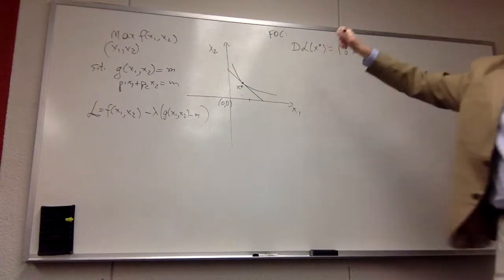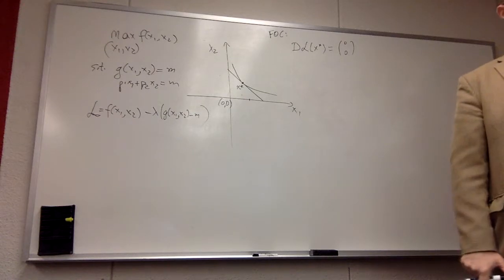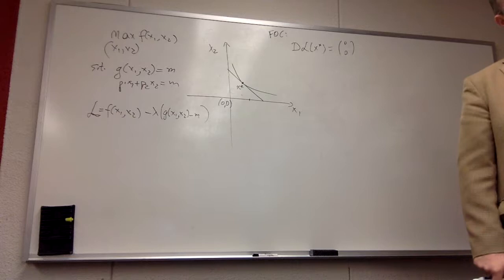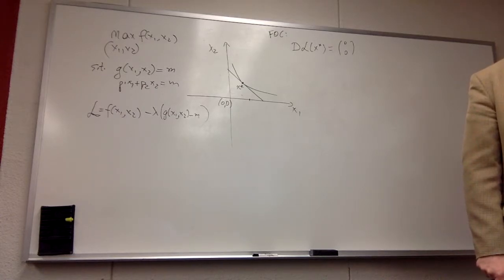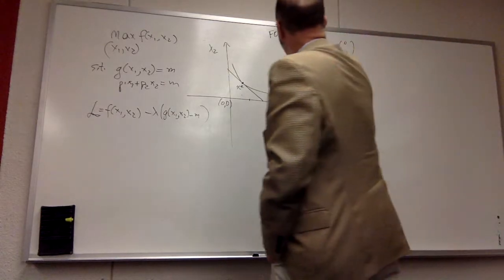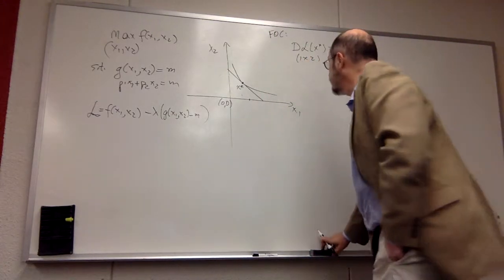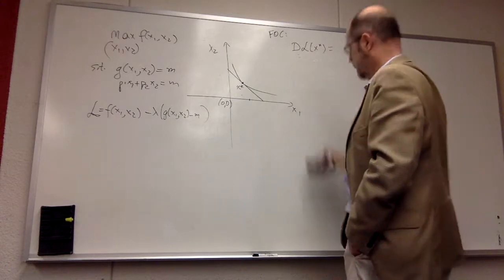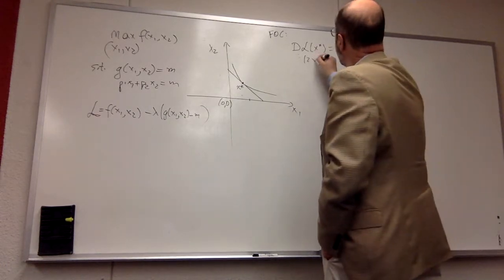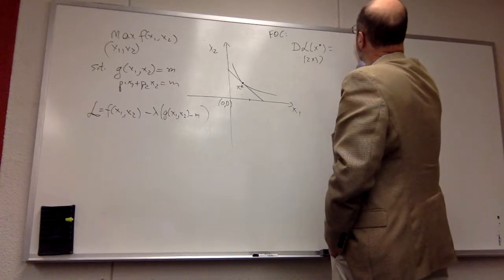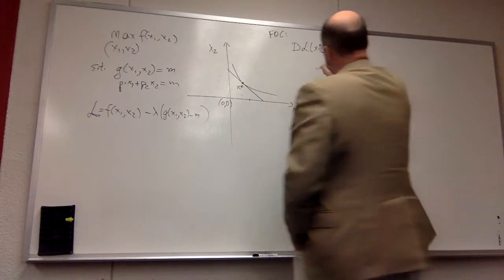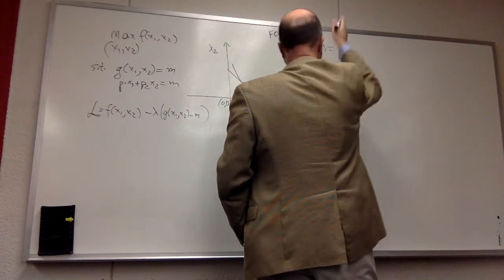Remember, that is a what vector? It's a Jacobian matrix of one function with two arguments. So it's a 1 by 2. I didn't write that very well. Wait a minute, no, 2 by 1. No, 1 by 2. The columns become typically the variables.